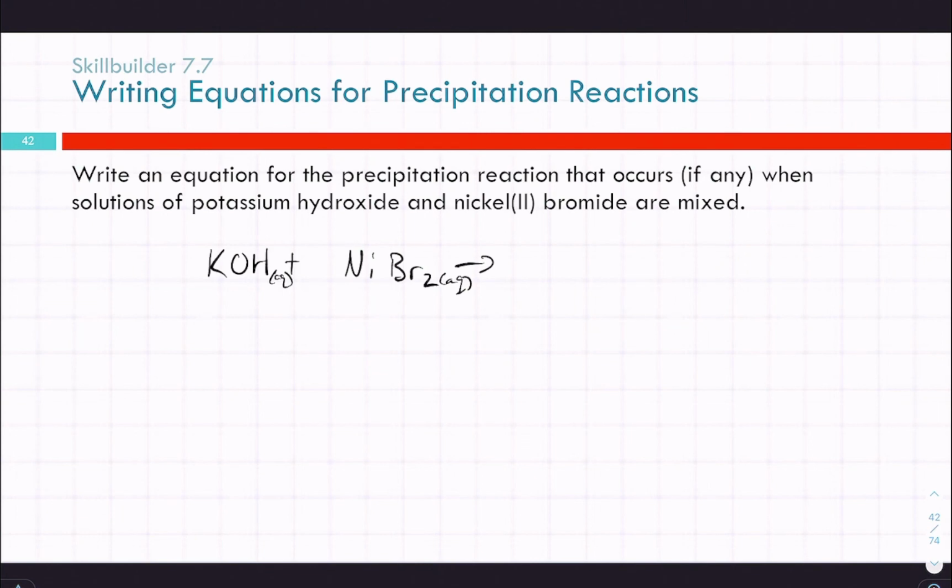So now we'll rewrite those formulas, but we'll write them as the individual ions. So K plus, OH minus, nickel 2 plus, Br minus. And then we swap the anions. So the anions are the ones with negative charges.